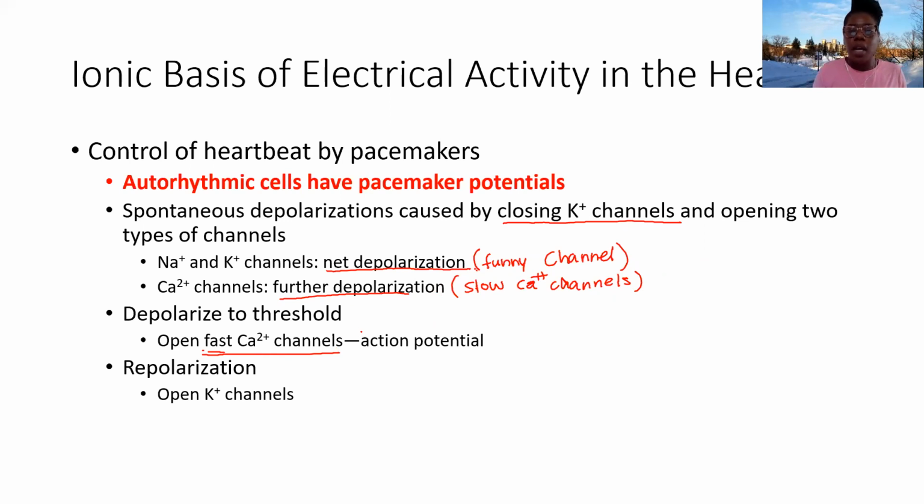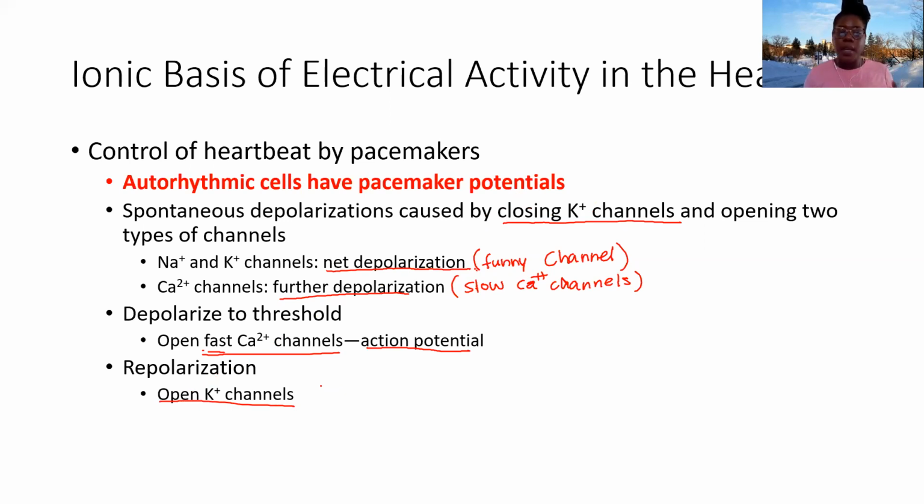So the upstroke of the action potential is really caused by the opening up of these fast calcium channels. After that rapid upstroke in the membrane potential, we then see an opening up of those potassium channels. So remember, we started out with these channels closed, and we can now open them, and that is going to lead us to repolarization.